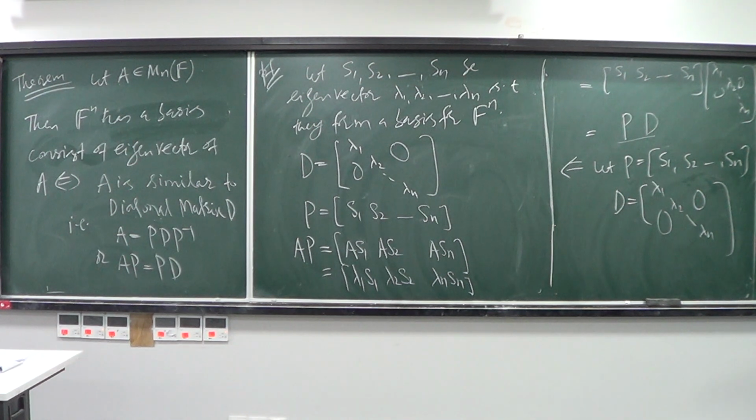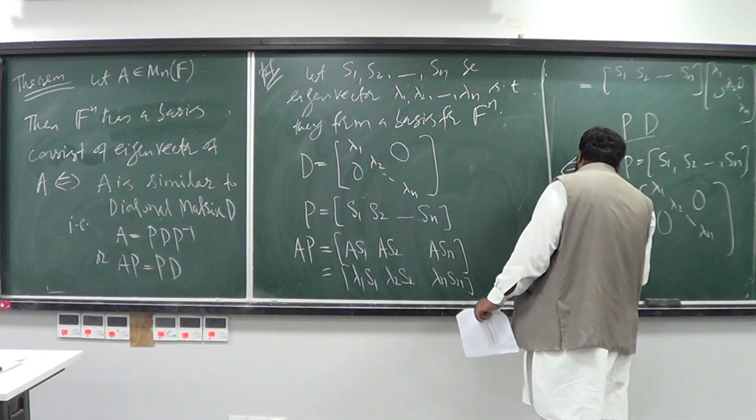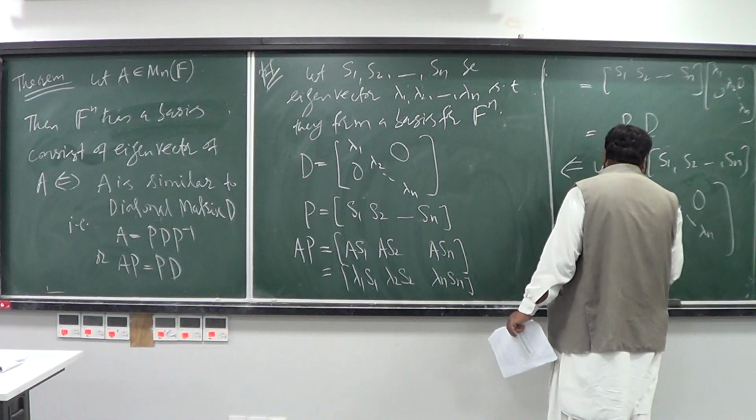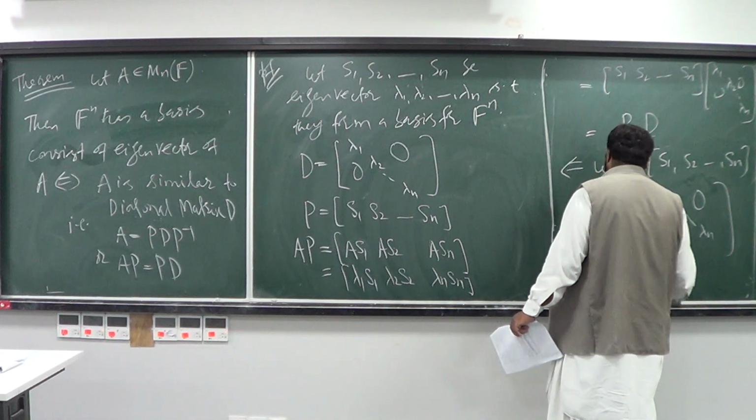We will see later on that there will be eigenvalues, and these are going to be eigenvectors, and this is going to give us the basis. But for now, P is some n by n invertible matrix, and D is a diagonal matrix, and we have this identity that A is equal to P D P inverse.